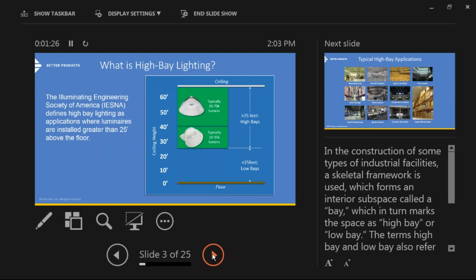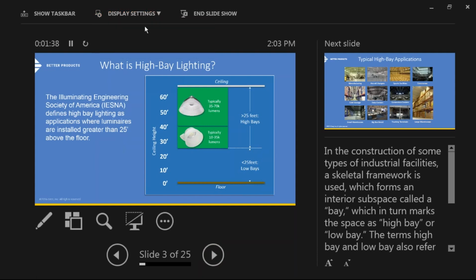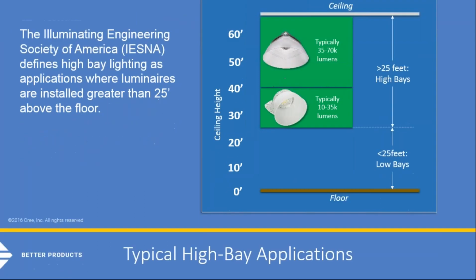The graph on the left shows 60 feet, but it can go even higher for any application, such as a warehouse, an open warehouse space, or manufacturing facilities. As you hear the presentation, think of yourself in this placement, whether you're below 25 feet or above 25 feet, and we'll cover the topics.